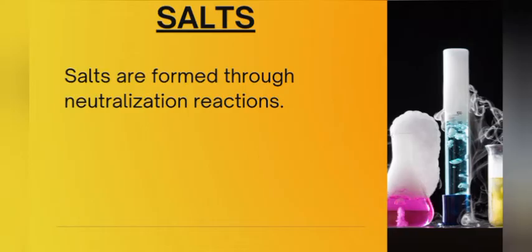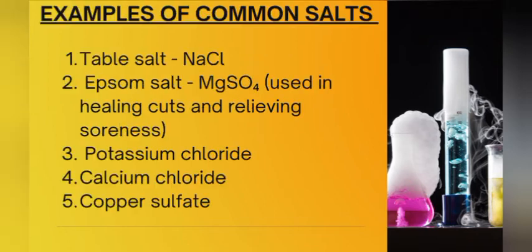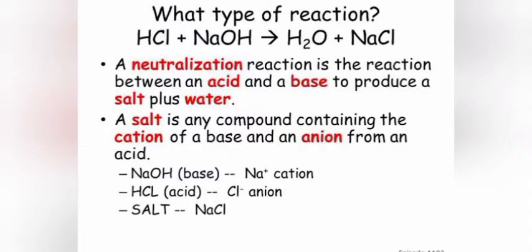Can someone mention an example of an acid now? Take for instance, you have your HCl, hydrogen chloride, which is an inorganic acid, reacts with a base. Can someone tell us an example of a base? Let's say sodium hydroxide, NaOH.